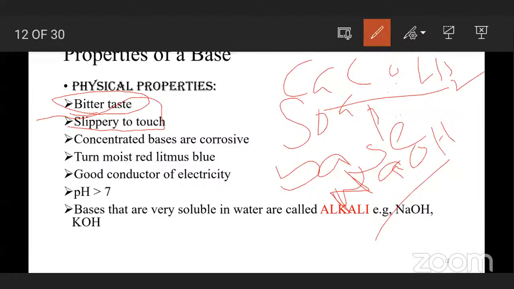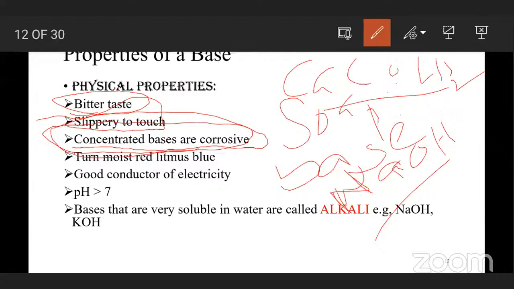But how do people know that a base has a bitter taste? Maybe someone has mistakenly tasted a bar soap before, and then the person is able to record that, okay, this is the base, and the bitter taste is attached to it. Now, another critical property we'll be looking at is that just like concentrated acids are corrosive, concentrated bases are also corrosive.